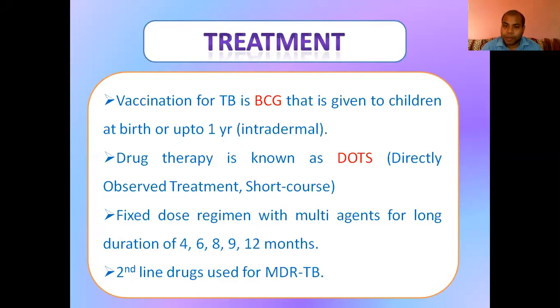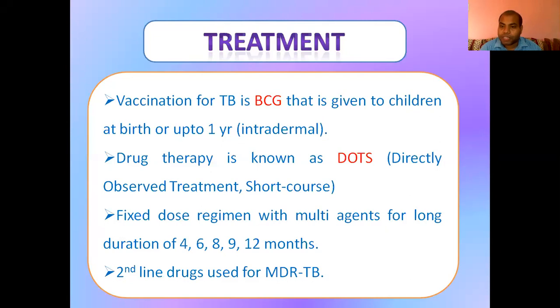In the treatment, we need to know some basic points. Vaccination is available. Generally, vaccination is available for viral diseases, but tuberculosis is a bacterial disease, and for TB also a vaccine is available. The very popular vaccine is BCG, whose full form is Bacillus Calmette-Guerin.